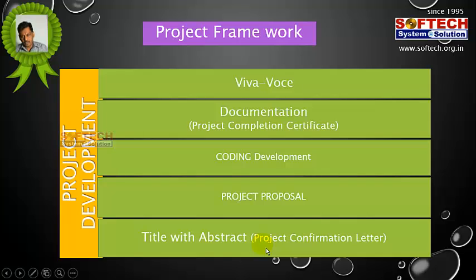Based on that framework, we create the documentation. Most of the information is available in the project proposal. We just copy from the project proposal, then add the conclusion, acknowledgement, project title, confirmation letter, and all things. Then screenshots, and input and output designs. We can make the documentation.